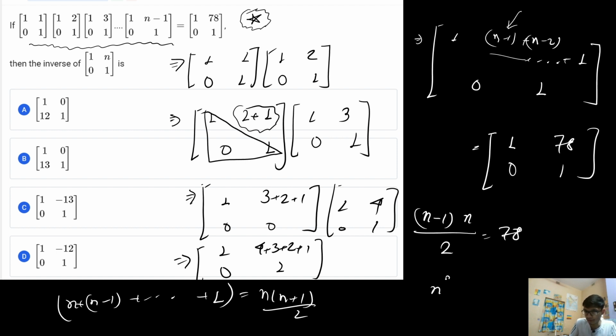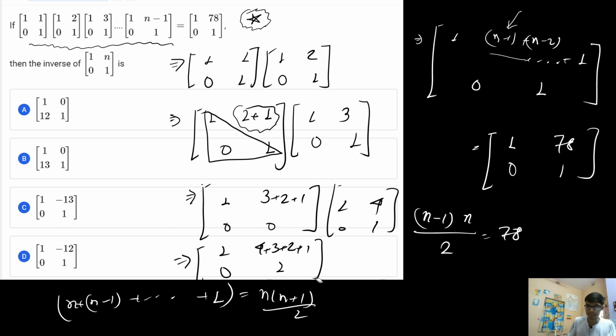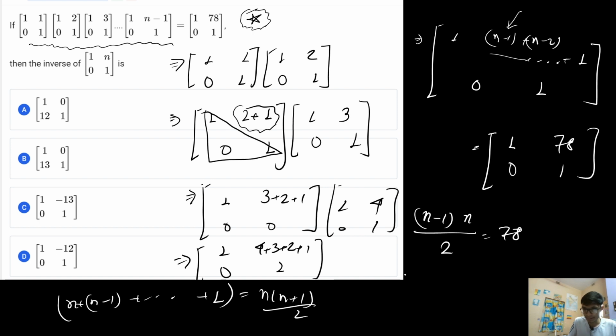So from here if I solve this, n square. So this will be n square minus n, and this will be 156, which is equal to 0. Now from here I can solve this equation, that is n square minus n minus 156 is equal to 0.